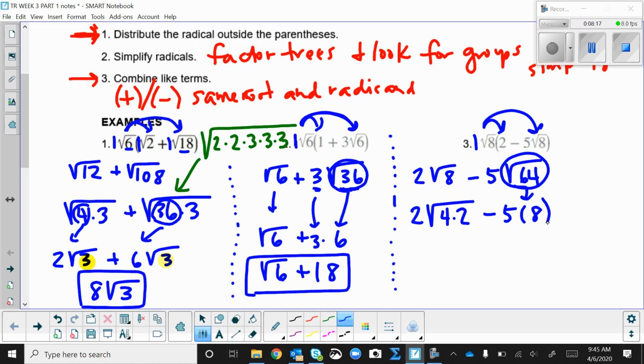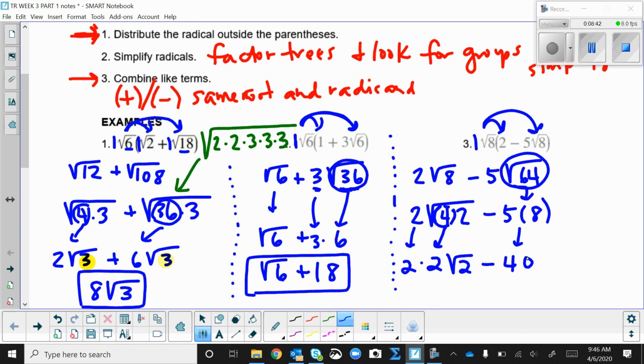So then the next thing I'm going to do is the square root of 4 here comes out as 2 times this 2 that was already out front. And then the 2 that's left inside. That's a lot of 2's. And then 5 times 8 is 40.